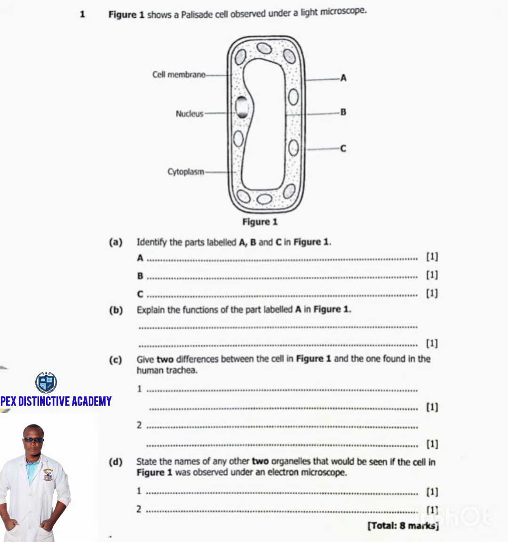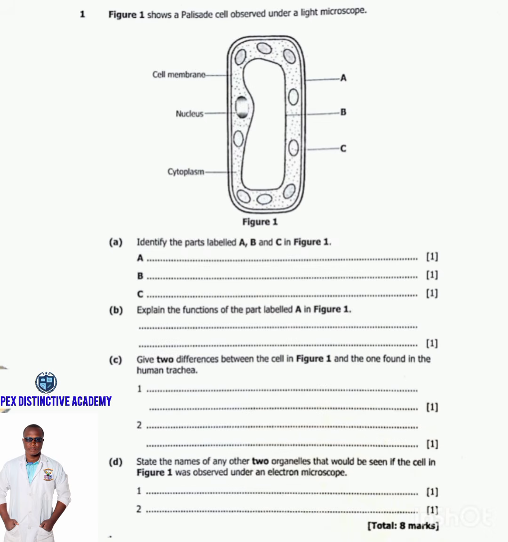Three, the cell in figure 1 has chloroplast, while the cell in human trachea has no chloroplast. Four, the cell in figure 1 has a regular shape, while the cell in human trachea has an irregular shape. So they just wanted 2 points.